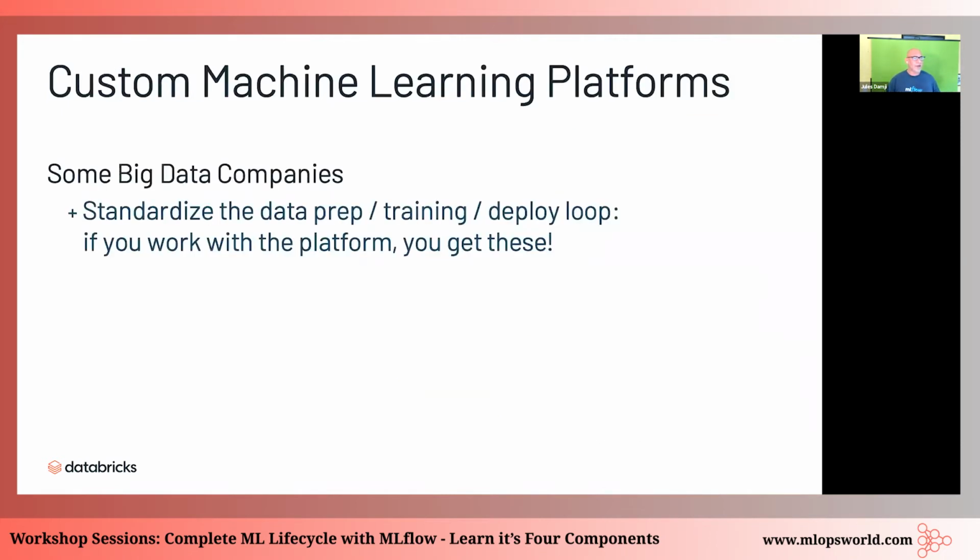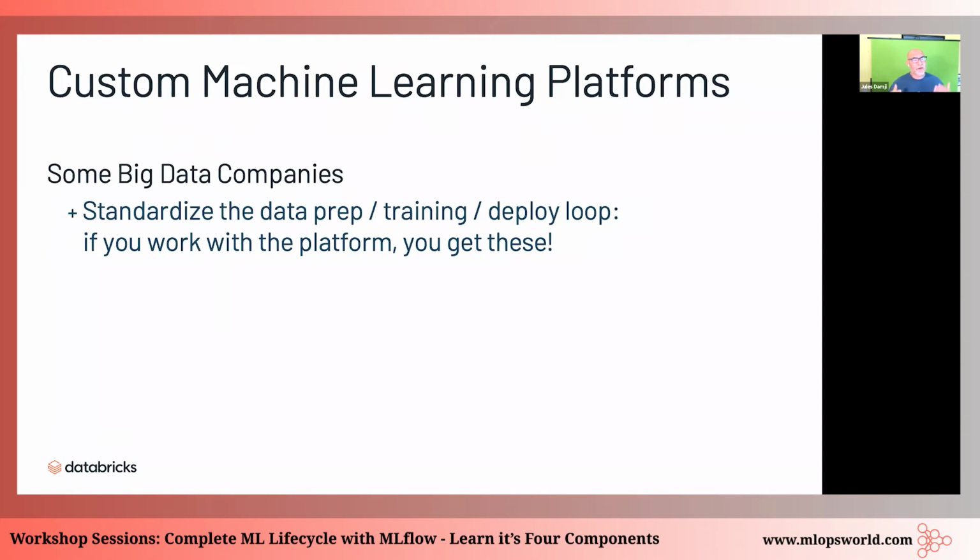It turns out they have. They have built custom machine learning platforms. Companies like Facebook and Uber and Google have built these platforms. They have cracked the code to standardize how you do data preparation, how you do training, how you do deployment, how you do tracking of experiments, and so forth.